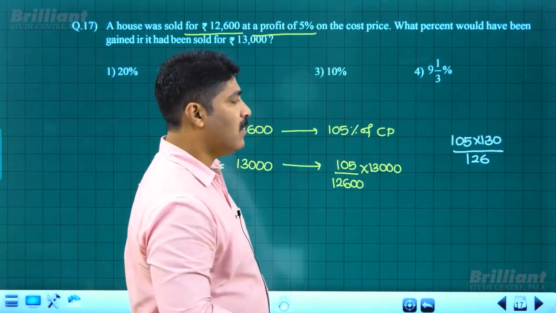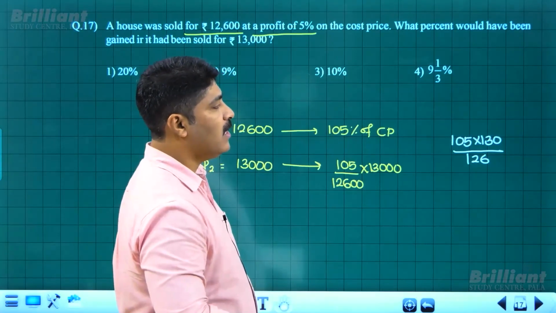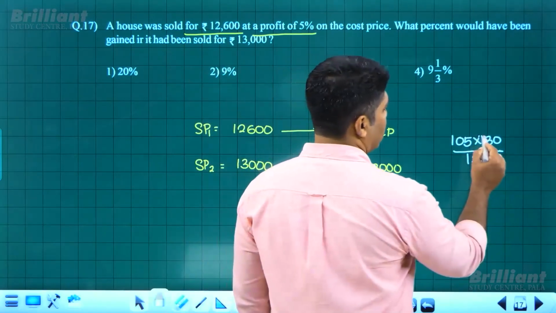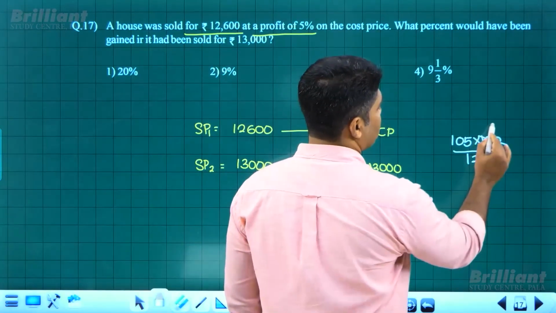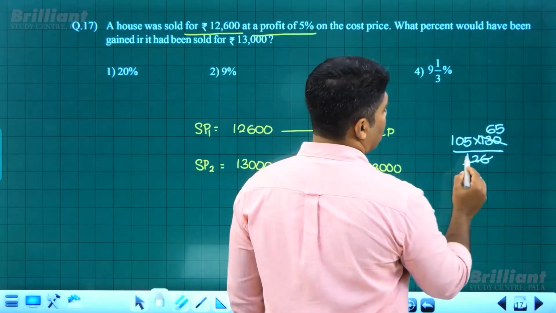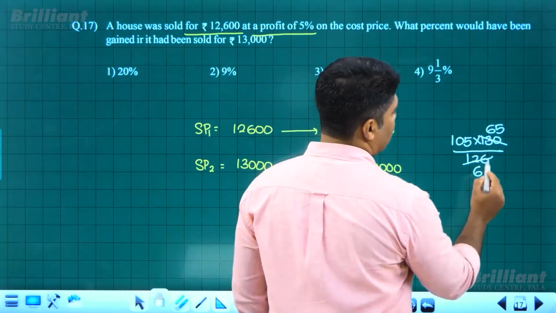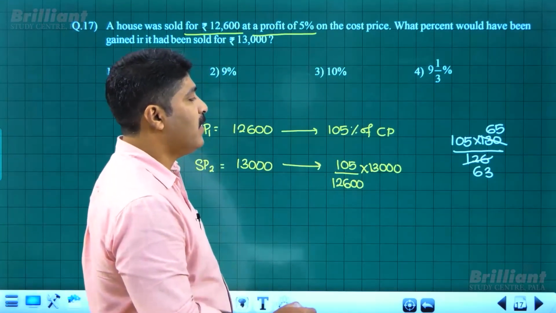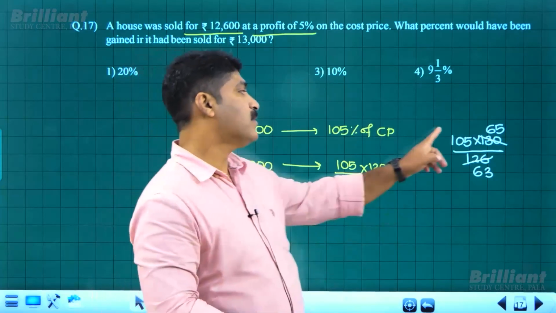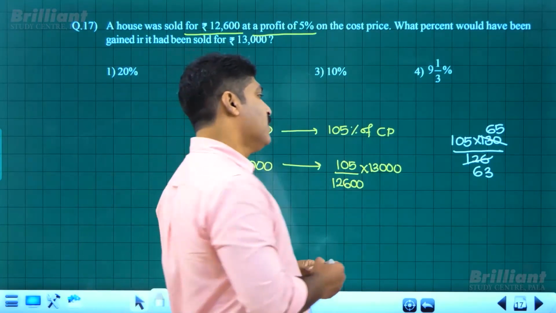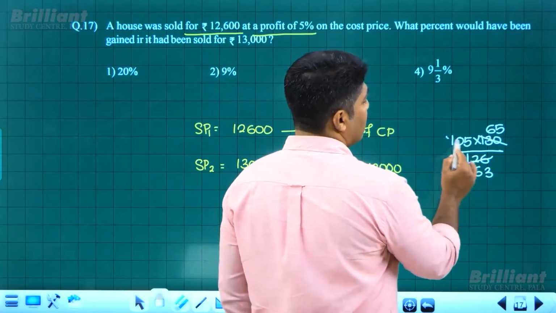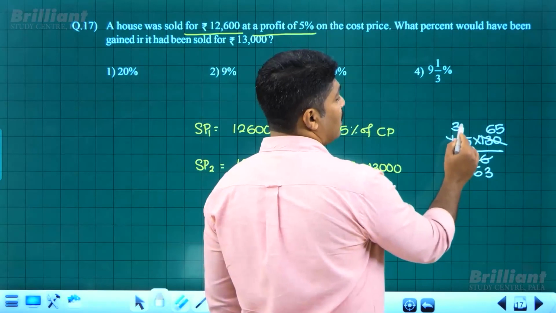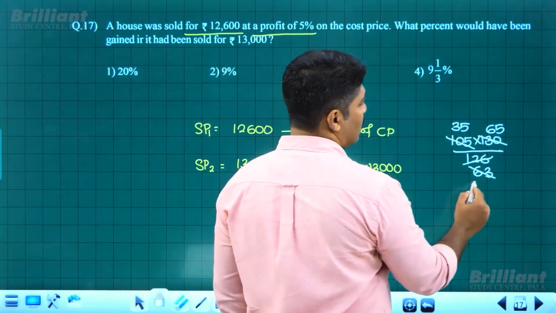Here we know that 130 and 126 are both divisible by 2. So if we do the simplification like this, this is equal to 65, and this is equal to 63. Then for the simplification, these two values are divisible by 3. So when we divide these values by 3, this is equal to 3 times 3, 90. Then 15 is there, 5 is there. So this is 21.